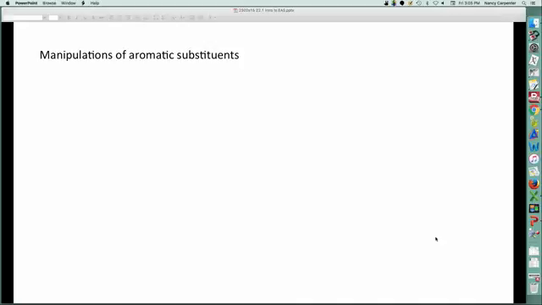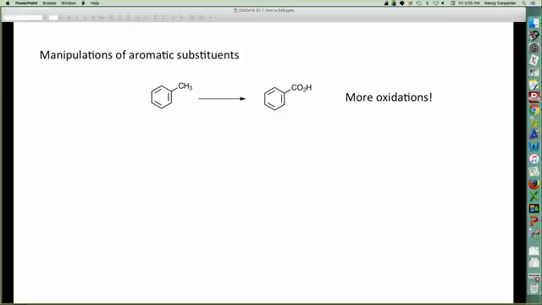Furthermore, we have some manipulations of aromatic substituents that we need to do that we will learn about, which are very cool. So, for example, this is not a very healthy or green chemistry, but you can see that if I have an alkyl group on my aromatic ring, I can actually oxidize it up to the carboxylic acid.